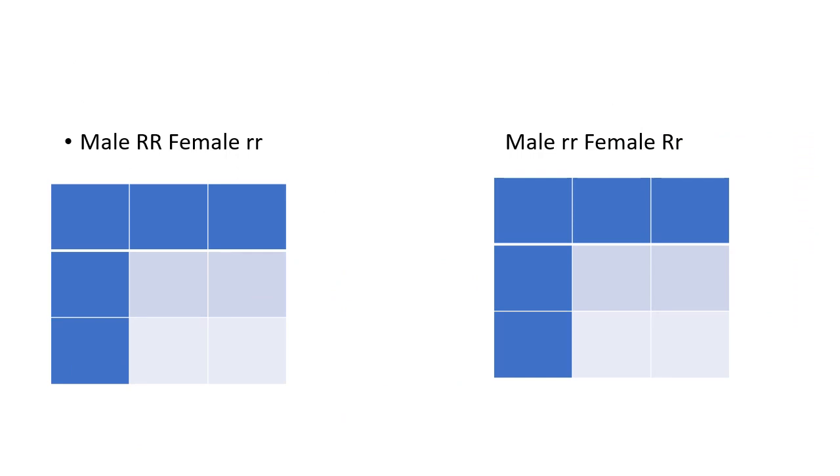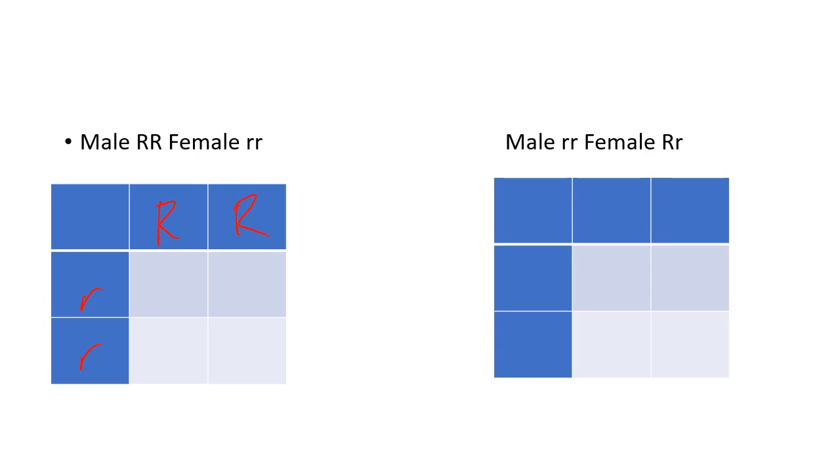Can you fill in these Punnett squares right here? And hopefully that makes sense about how to make and fill in a Punnett square and how to read the Punnett square. So we'll do this one really quickly. It doesn't matter which individual you put on the top or on the side.